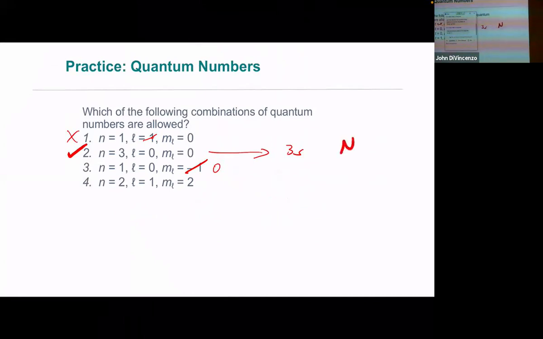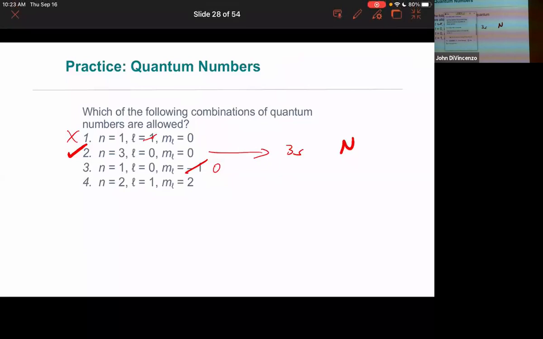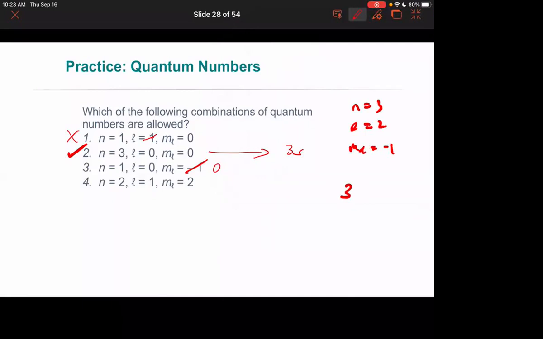So n is 3, L is 2, ML is minus 1. This is the third energy level, right? And L is what letter? 0 is s, 1 is p, 2 is d. So it's a 3d orbital.